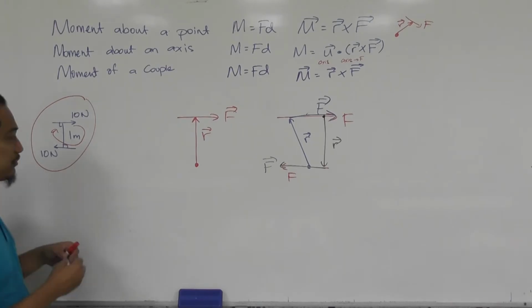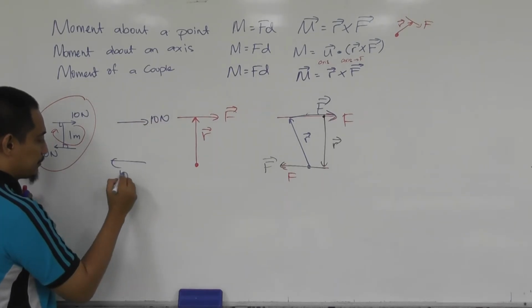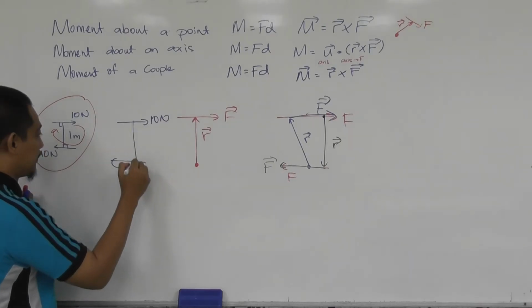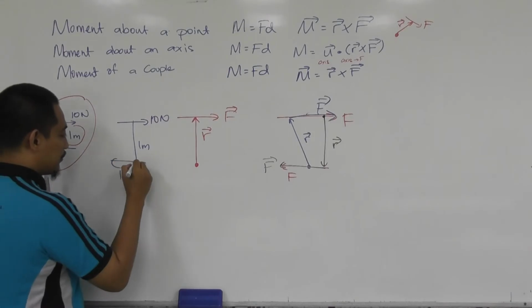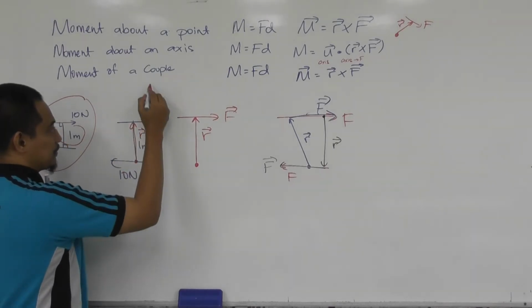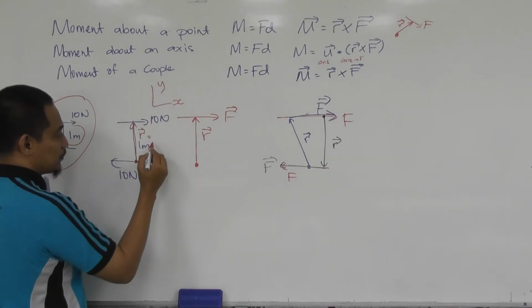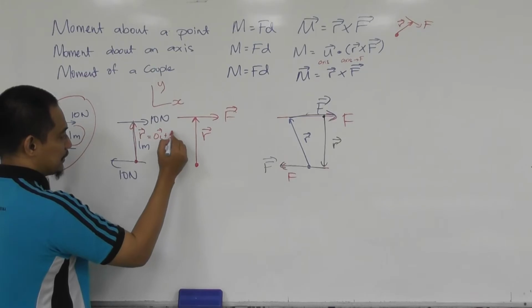in this case it's quite obvious, right? So if you have 10 Newton and 1 meter, and I consider R is going straight up, and this is X and Y, then R is basically 0i plus 1j.